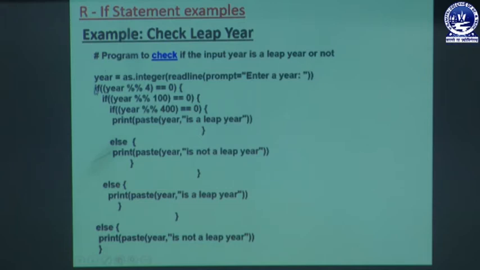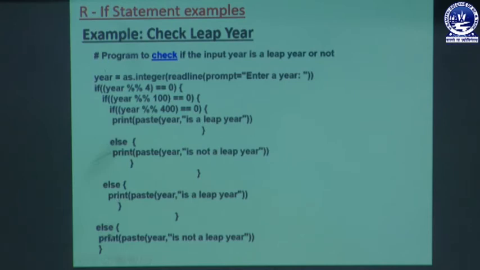So first we have checked that 1900 is not divisible by 4, so it will go for the else statement, and which else statement? The else statement is here. This else statement is coming under the body of this if statement, that's why these both else statements will not be executed.